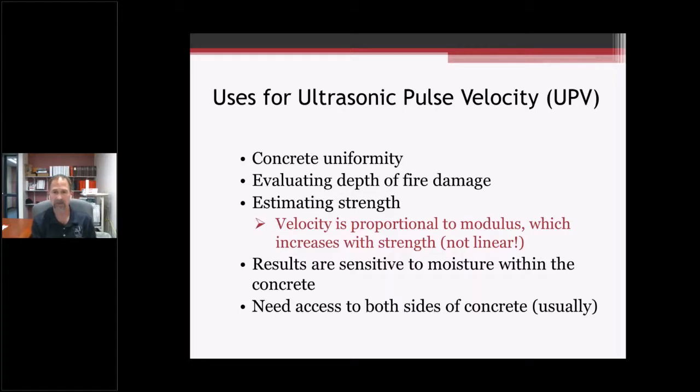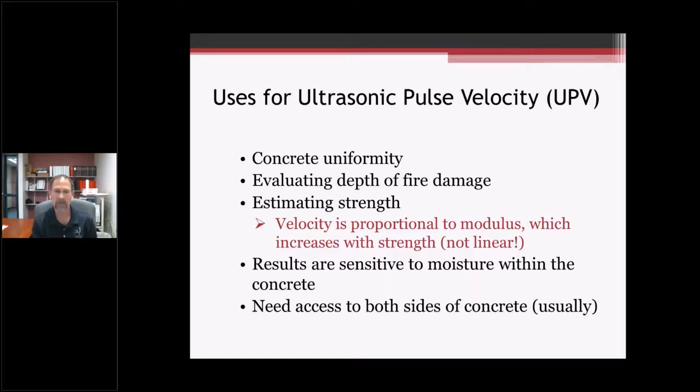Velocity is proportional to the modulus, which increases with strength. I will say that that increase is not linear. So if you've got, say, 4,000 psi concrete that has a velocity of 10,000 feet per second, a velocity of 20,000 feet per second doesn't mean that you've got 10,000 psi concrete.